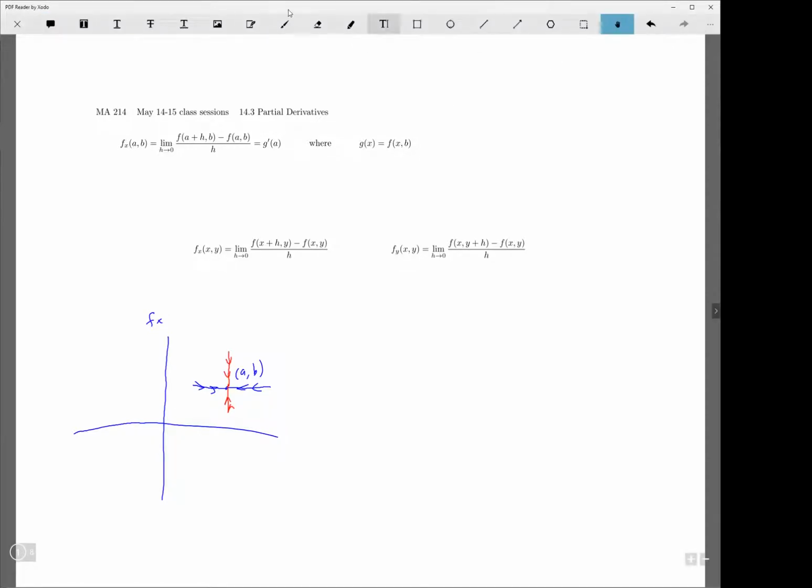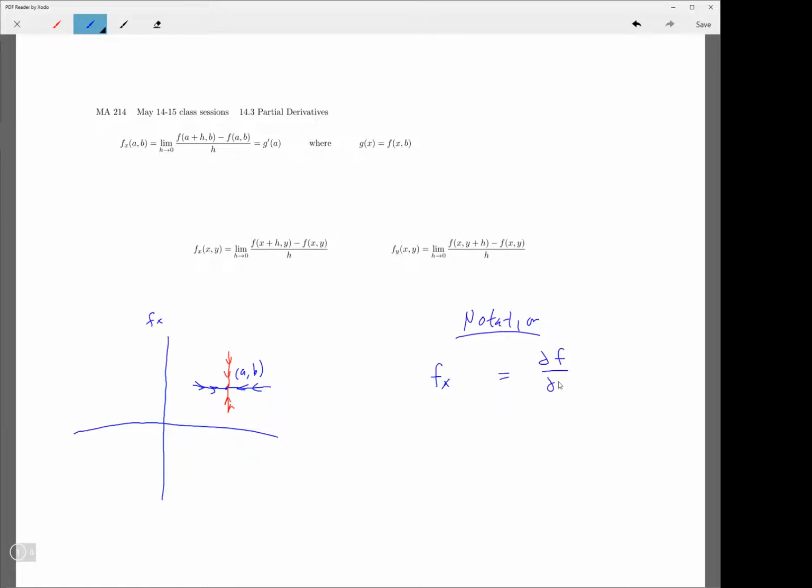One other thing that will come up a little later is notation. Maybe I'll talk about it a little now. We have f sub x, but this is also the partial of f with respect to x. It was written this way.